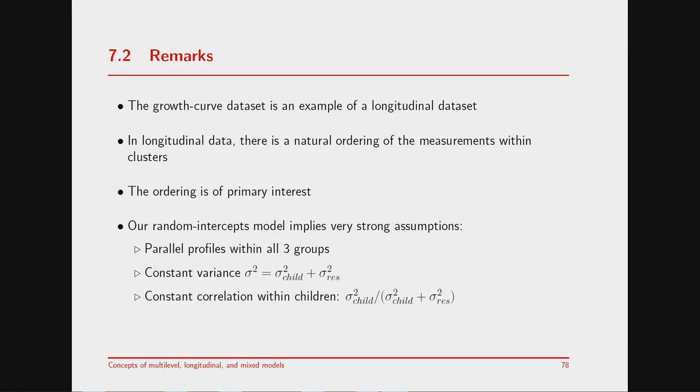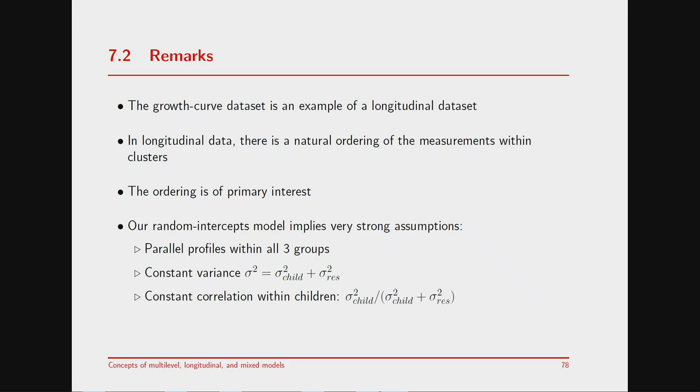We also did the calculation of the correlation, and we calculated that the correlation between two repeated measurements from the same child was given by this expression: variability between the children divided by the total variability. What does that mean?